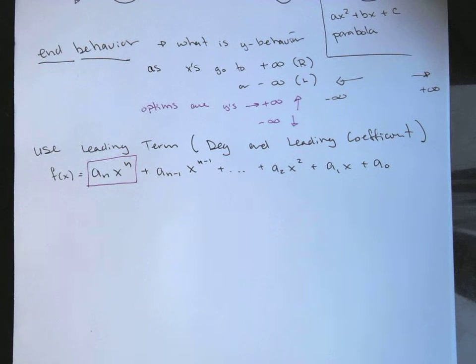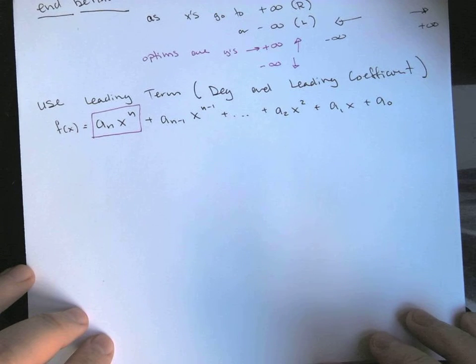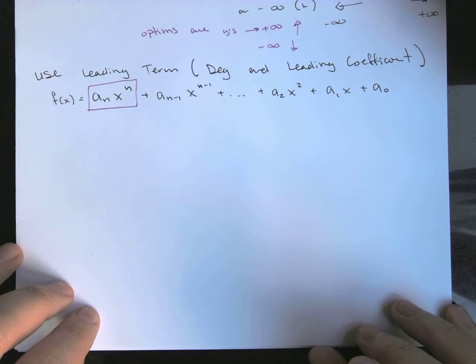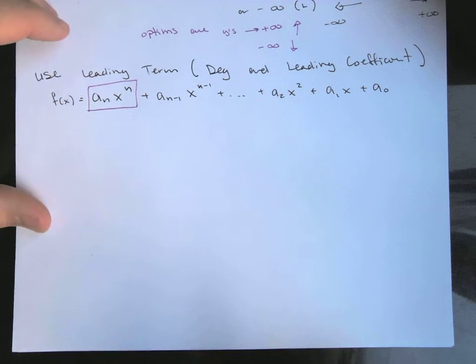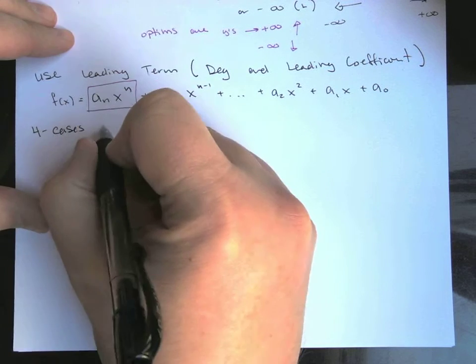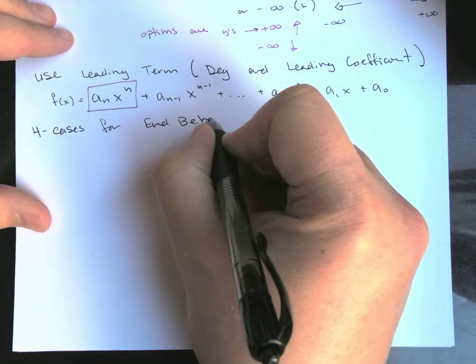We're getting a leading coefficient from there and the degree from there, just like we were doing in the last video. So let's break this down into cases. We're going to look at whether the degree of the polynomial is even or odd, and whether the leading coefficient is positive or negative. So 4 cases for end behavior.